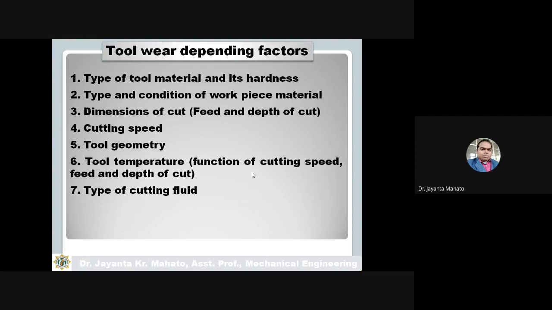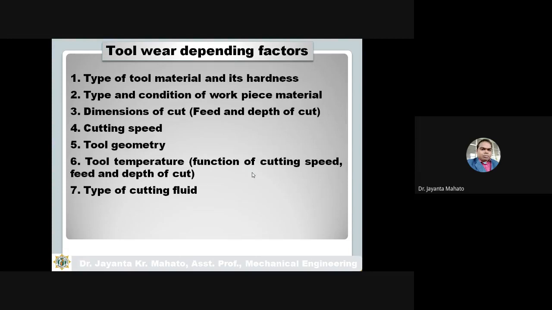Okay, and then this built-up edge will come out from the surface of the cutting tool, जो cutting tool surface से निकल आएगा, then this will make a crater, means जो crater type से cover होगा.